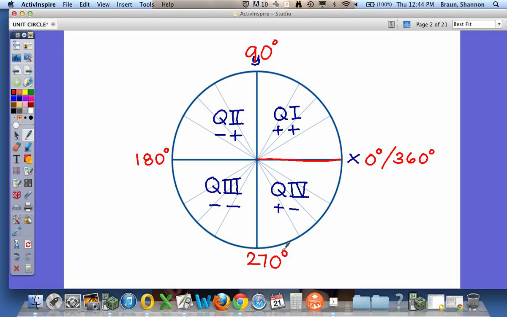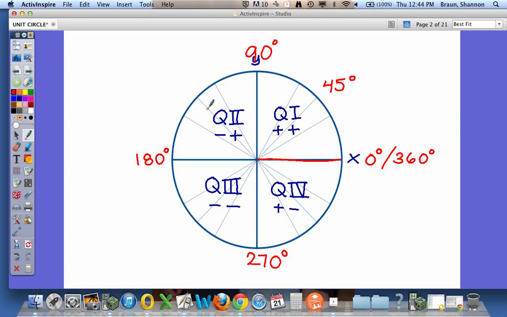Okay. So we're going to look at some special angles around our unit circle. The first ones we're going to look at are this middle line right here. It's exactly halfway between 0 and 90. So what would that angle be? 45 degrees. So we're going to work our way around our unit circle in increments of 45. We started at 0. Here's 45. Then we're at 90.